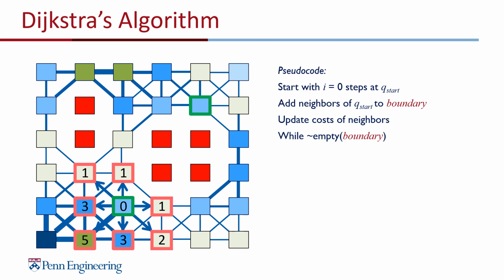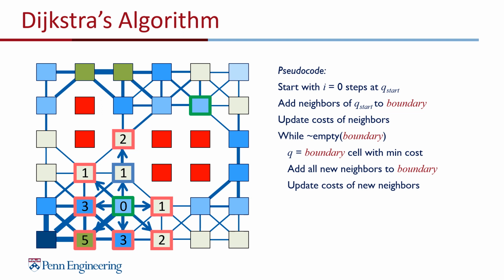We continue this algorithm while we still have nodes that we want to expand in our boundary. And we choose, marking with the blue frame, our next node to expand based on the node that has the minimum cost that's in our boundary. We add all the new neighbors to the boundary and update its costs based on edge weights.